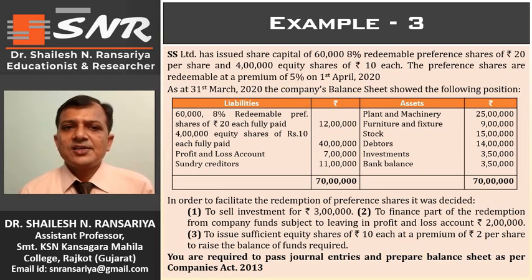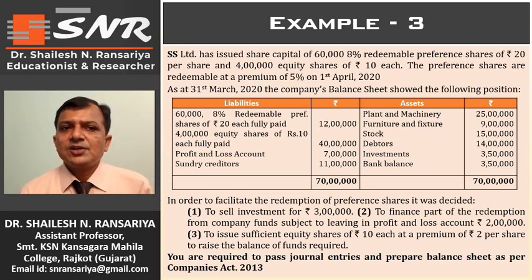In the adjustment, in order to facilitate the preference share redemption, it was decided to sell investment for rupees 3 lakhs to finance part of the redemption from company's funds subject to leaving in P&L account rupees 2 lakhs.